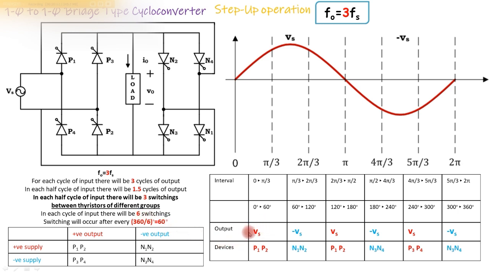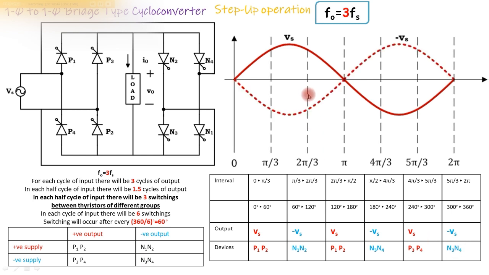First, the output must be positive, then negative, positive, negative, again positive and negative, so as to obtain 1, 2 and 3 cycles of output for one cycle of input. And according to the same working as we have seen in the last example, the devices will be fired in this particular manner.